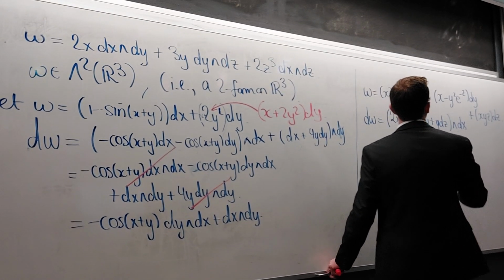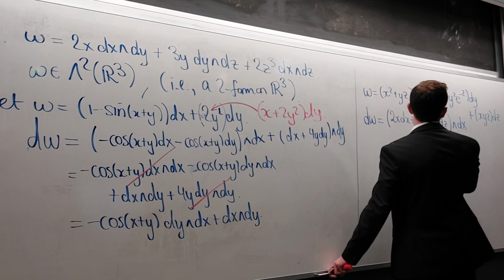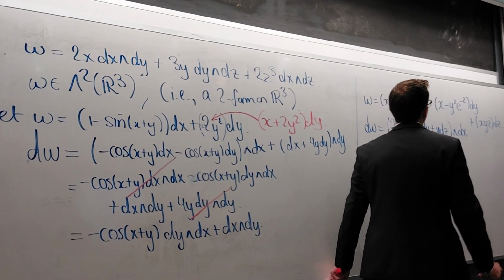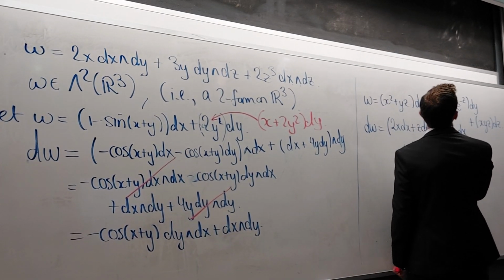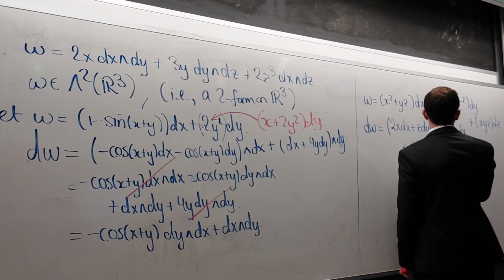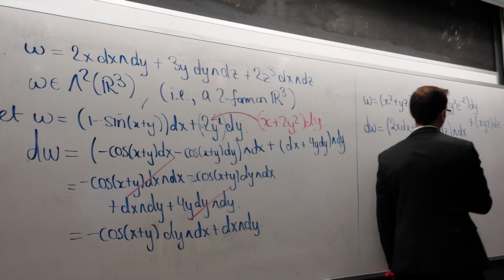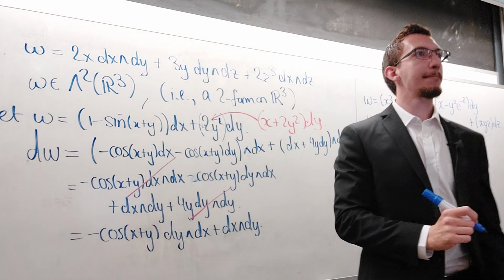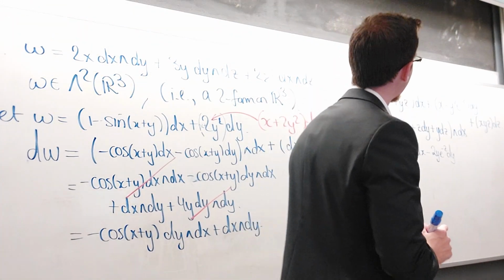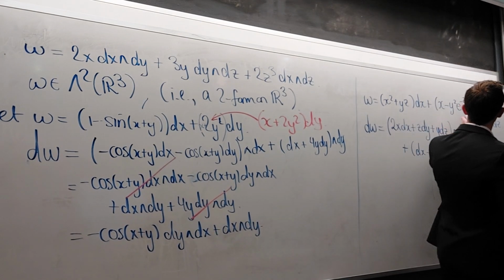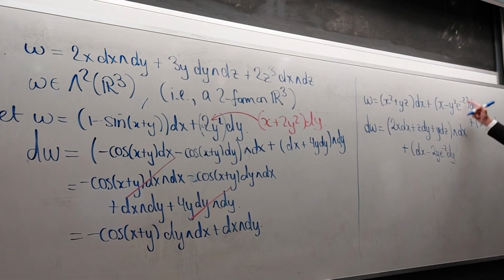So 1 dx plus minus 2y e to the minus z dy plus y squared e to the minus z, and then I differentiate this with respect to z. I should get y squared e to the minus z dz wedge dy.